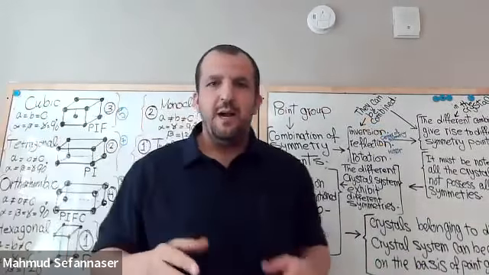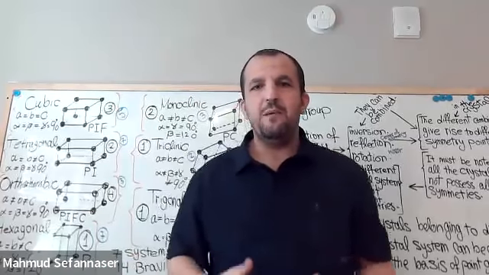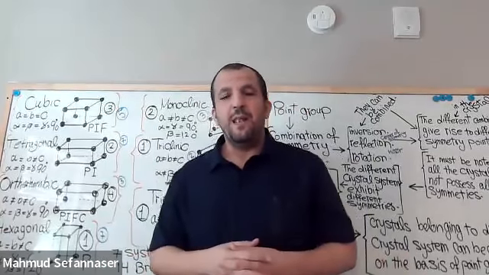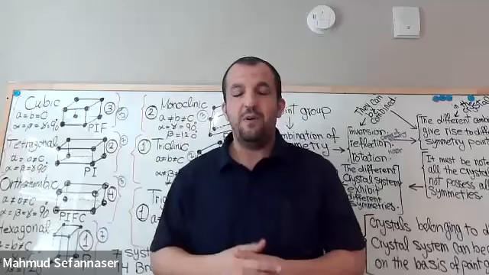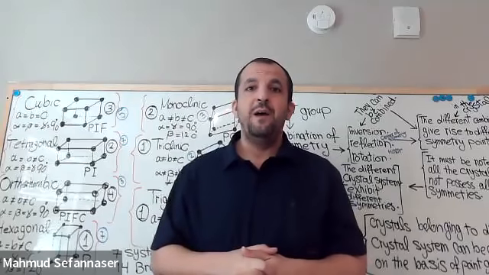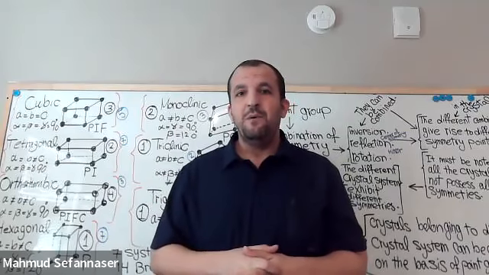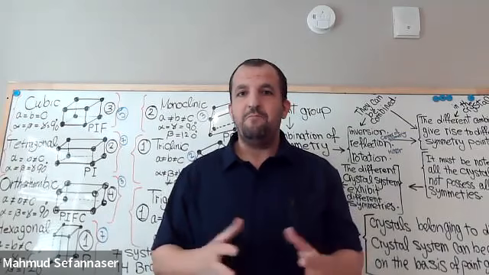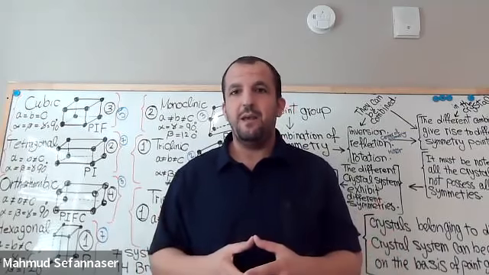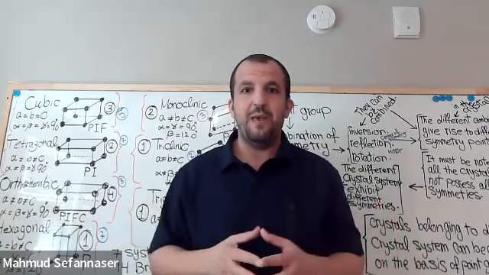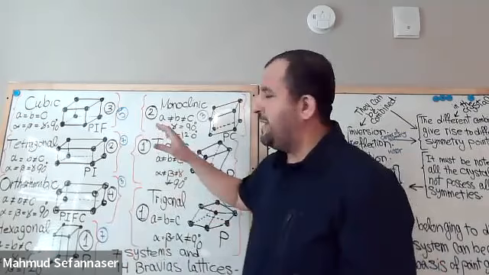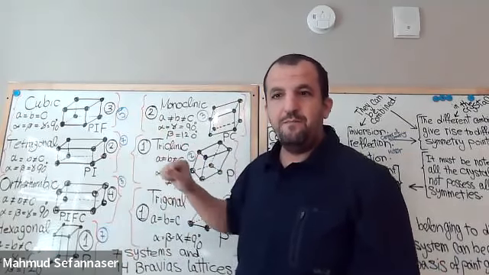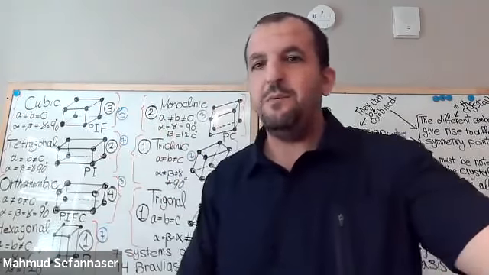In today's session, guys, we will talk about the Bravais lattices and how many types of Bravais lattices we have. And also, we will talk about how many crystal systems we have.